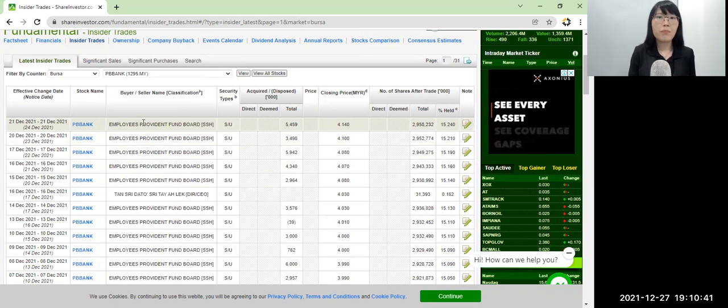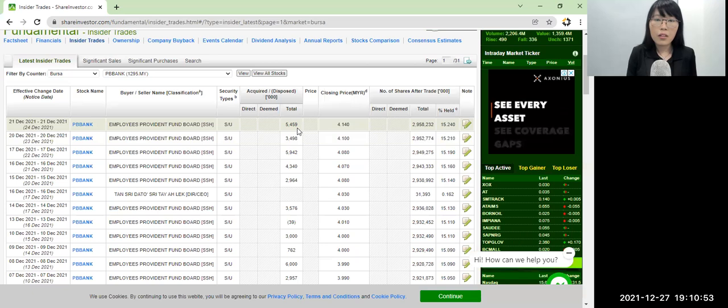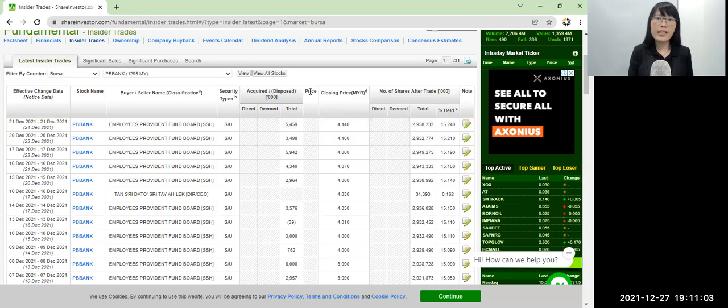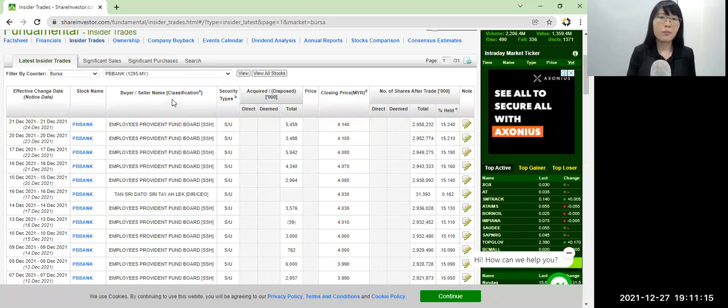You can see that on the effective change date on 21 December of 2021, EPF has acquired a total of 5,459 shares at a closing price of 4 ringgit and 14 cents. And you also can see how much is the percentage of Public Bank shares held on hand. So it will tell you what the insiders are doing.